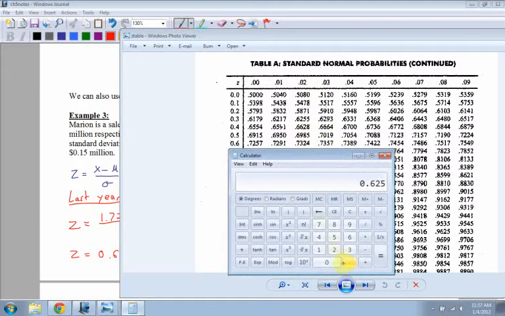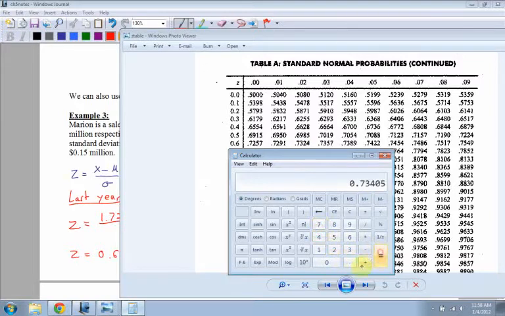So 0.7357 minus 0.7324. Subtracting the two, I know there's a difference of 0.0033 between them. So I would divide that by 2, and I want to go 0.00165 up from my 0.7324.